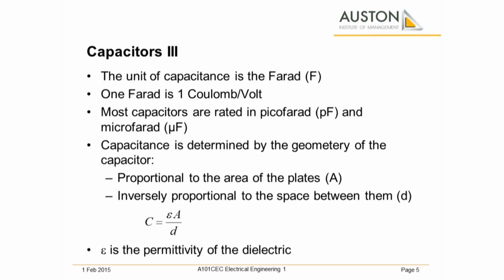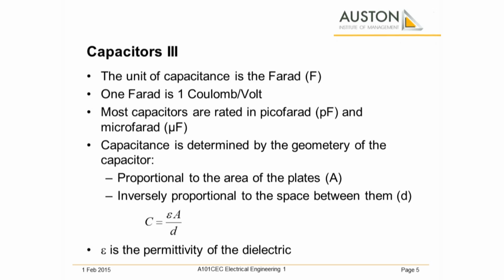The unit of capacitance is the farad, but a farad is a huge quantity. That is why most capacitors are measured in microfarads, nanofarads, or picofarads. The capacitance of a capacitor is determined by the geometry of the plates.